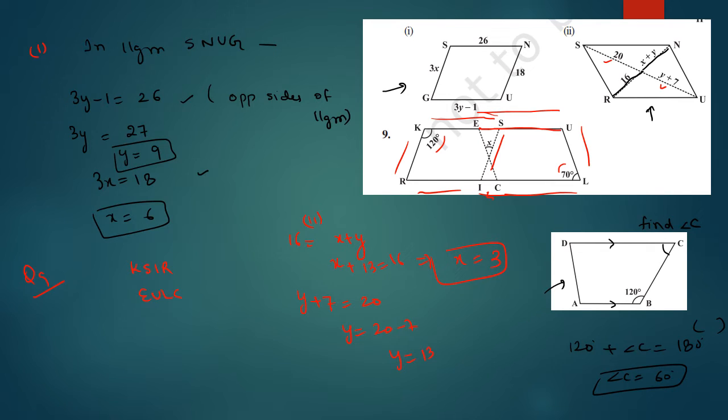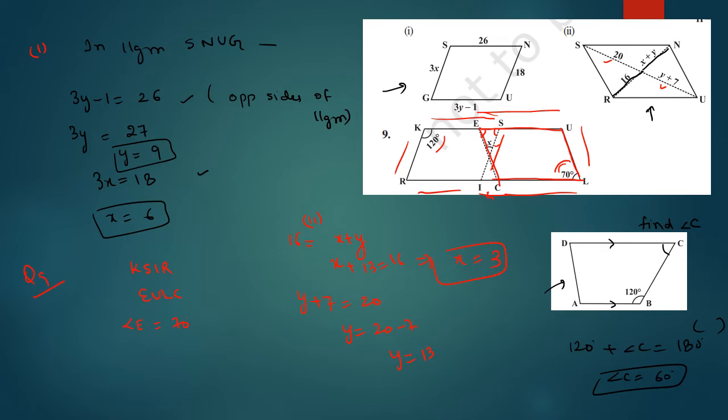If this is a parallelogram, so what will happen? I told you to always ask from the given value. This angle will be equal to this. Why? Opposite angles of the parallelogram are equal, right? So this is 70. If I want x, I should require this.